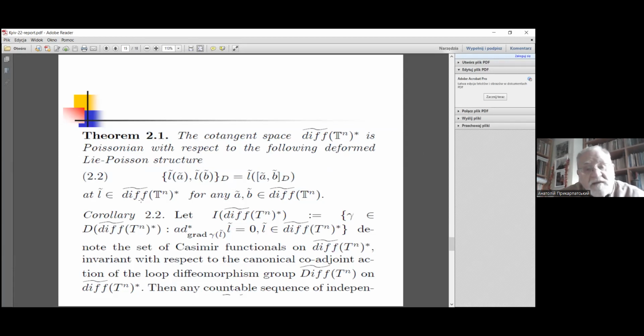So we see that if we take this Poisson bracket on the cotangent space, we can check that this bracket can be identified with the mapping of this element L on the commutator of vector fields on our torus with respect to the deformed Lie bracket.